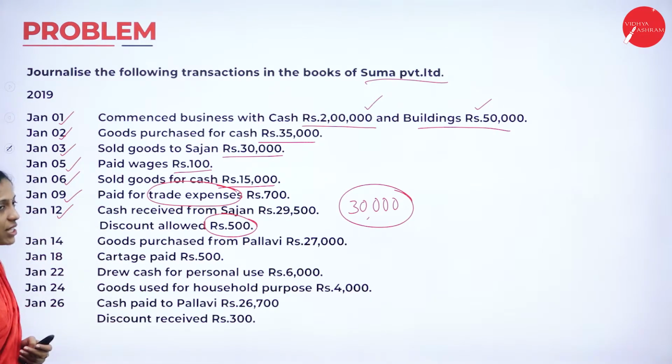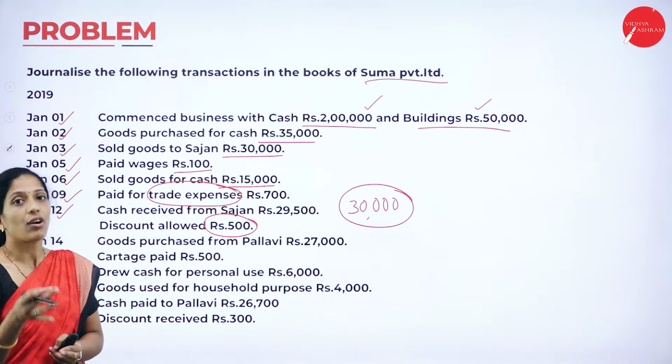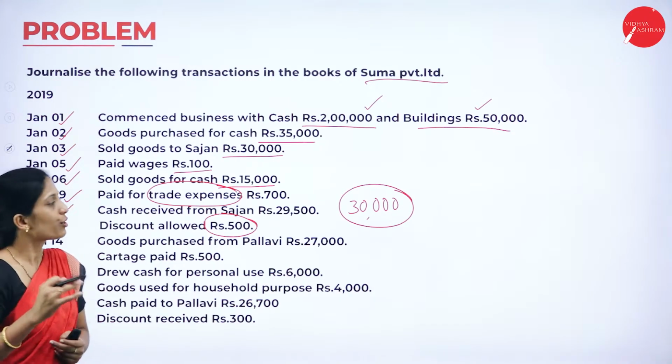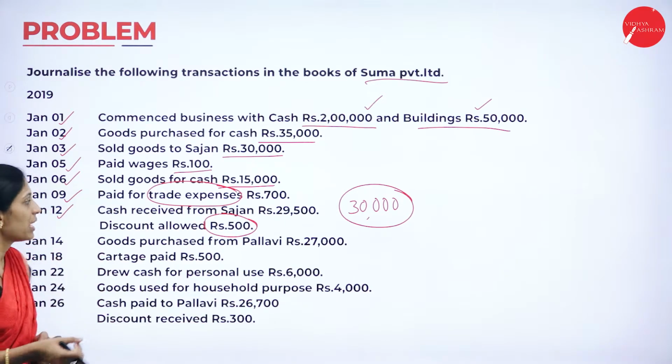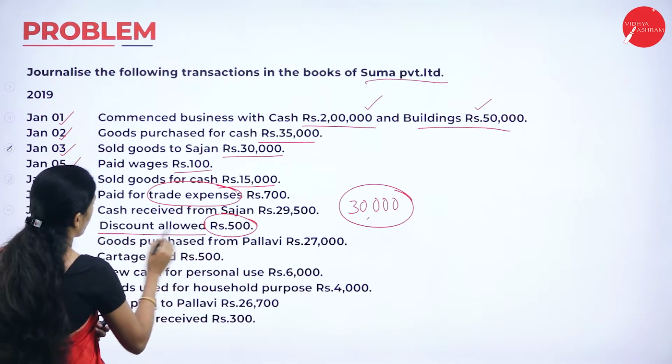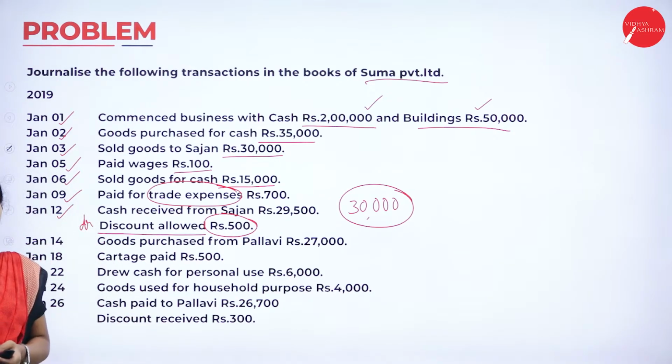Cash received from Sajan. So what is the entry? Cash account debit, discount allowed account debit to Sajan's account because we are going to receive from him. So always remember discount allowed has to be debited. Okay, so cash account debit, discount allowed account debit to Sajan's account.